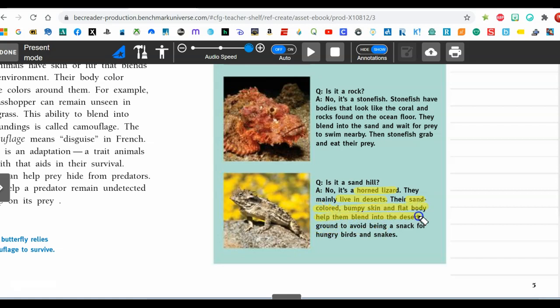Helps them blend into the desert ground to avoid being a snack for hungry birds and snakes. So let me ask you: is the horned lizard a prey or predator? It's a prey. Prey is what you do at church.